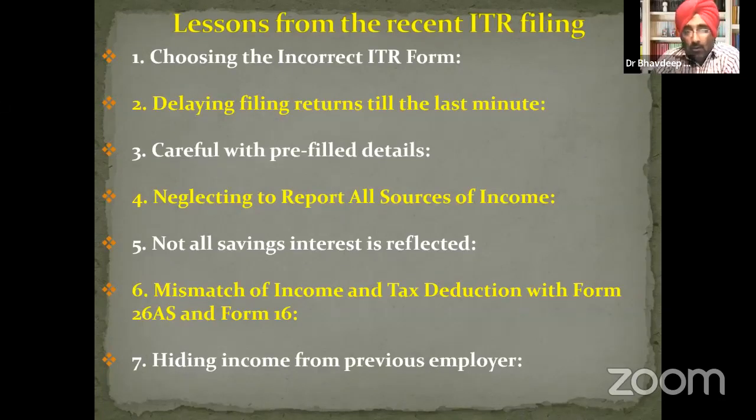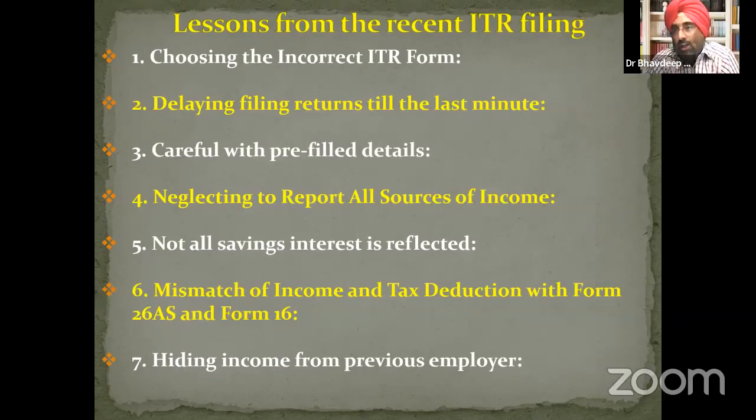Okay. So sometimes, number 5, not all savings bank account interest is reflected. You have 5 bank accounts, only 3 of them interests are being reflected over there. Sometimes minor interest, maybe a total of 2,000, 3,000 rupees of interest might not be reported in the AIS.